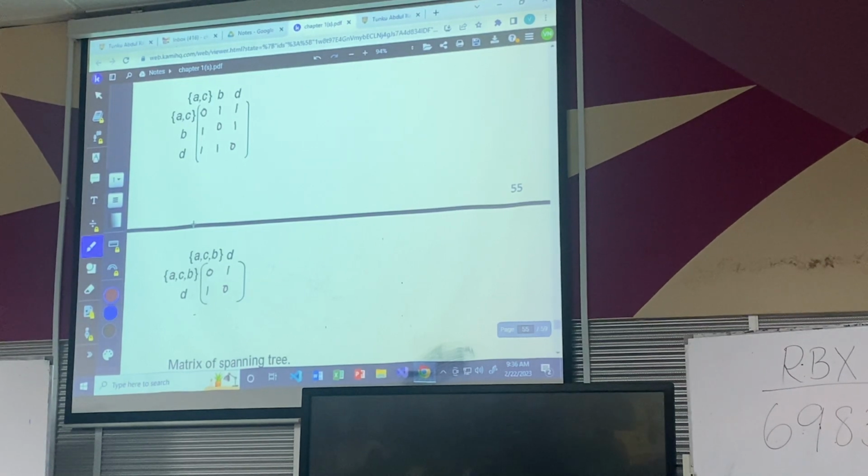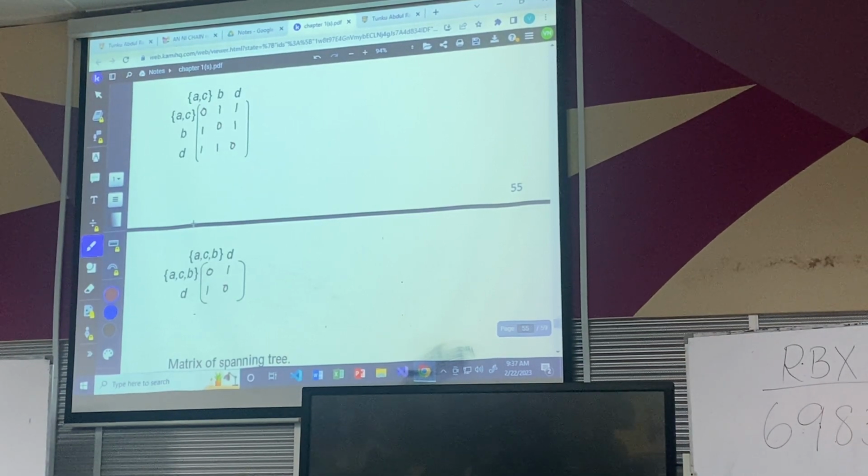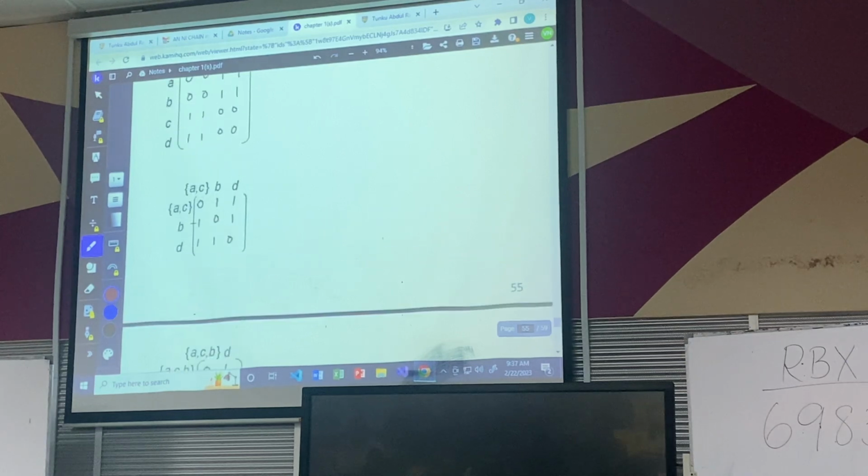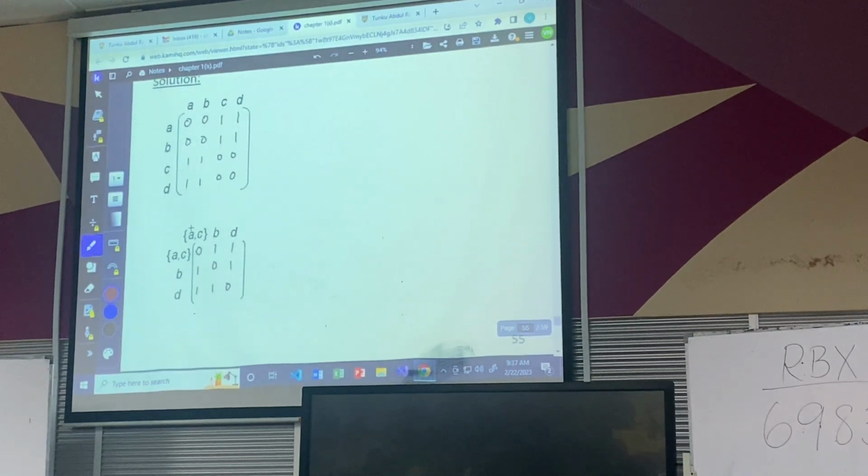Now, when you want to draw the minimum spanning tree, there are many ways you can draw it, referring to the combination that you have just done.